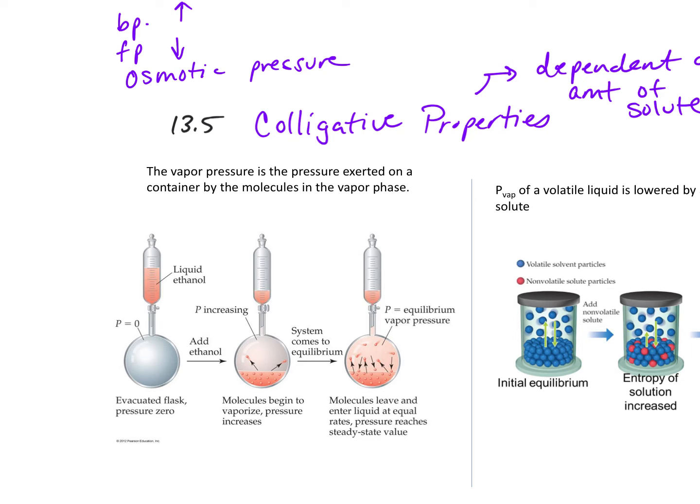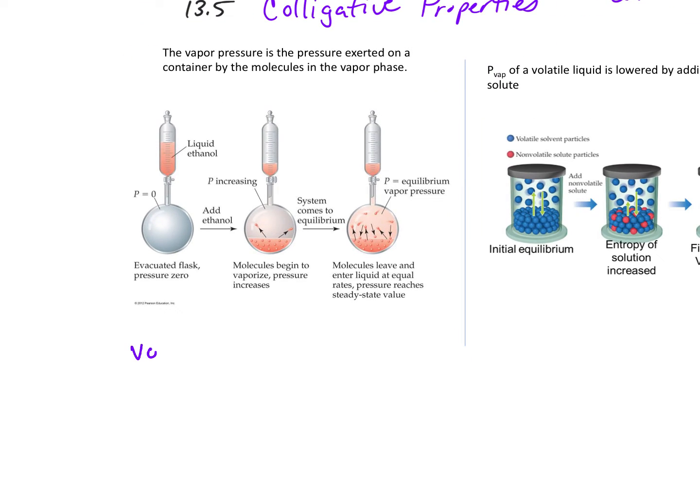The molecules that exert the highest vapor pressure are molecules that are more volatile. So let's write that term. You've probably seen this, volatile. It means something that can easily enter the gas phase.